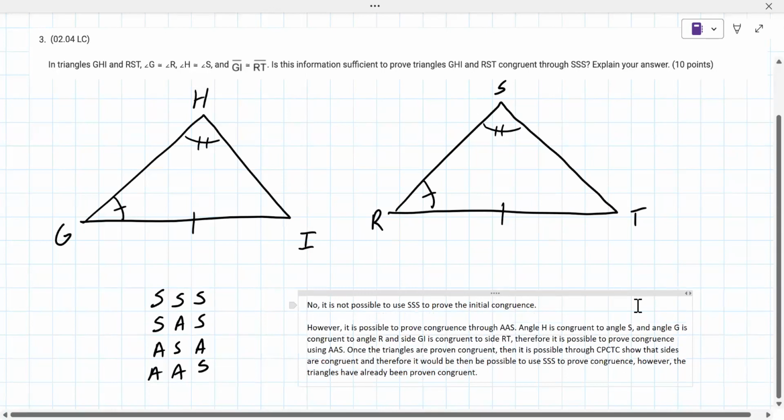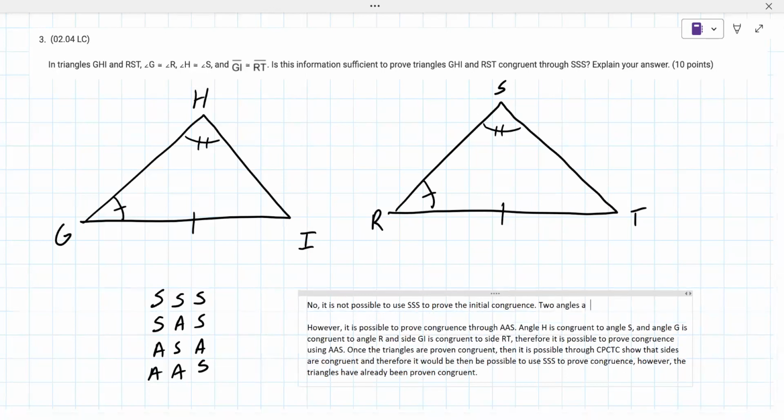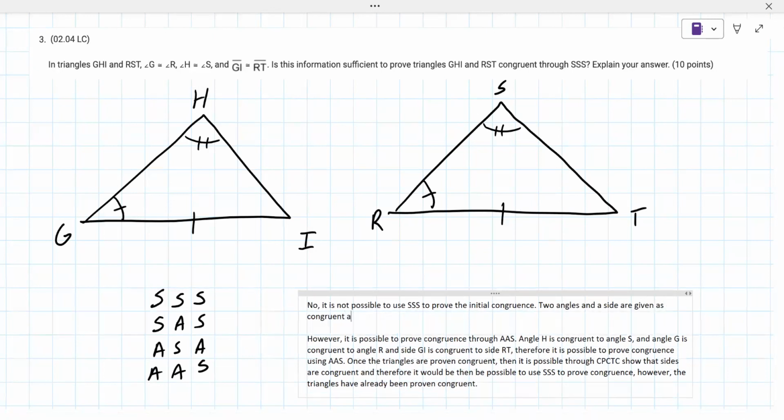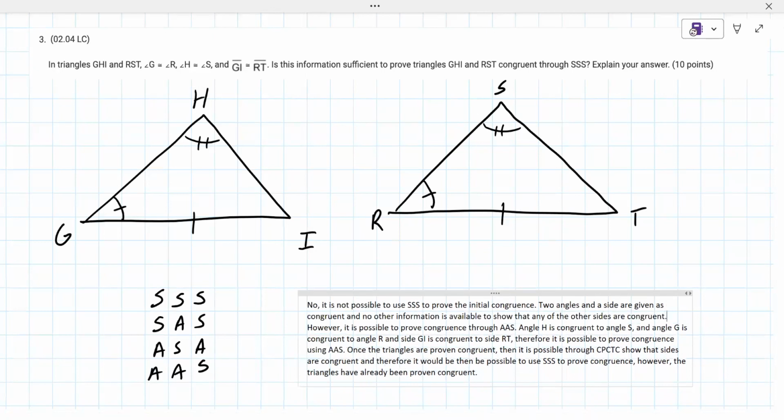We want to say that two angles and a side are given as congruent, and no other information is available to show that any of the other sides are congruent. We probably do need to address the point that it is not sufficient. We don't have enough information. Maybe say no, there is not.